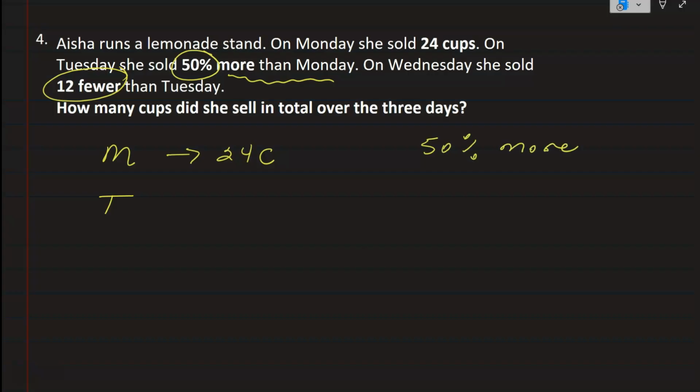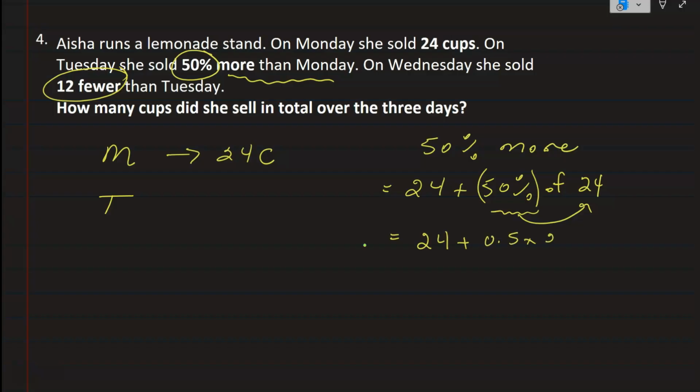That means originally was 24 and then plus another 50% of 24, right? Now, here you got to be careful with that. This 50% is half or 0.5, it doesn't matter. So 24 plus 50% of 24, or 0.5, is 0.5 times 24.